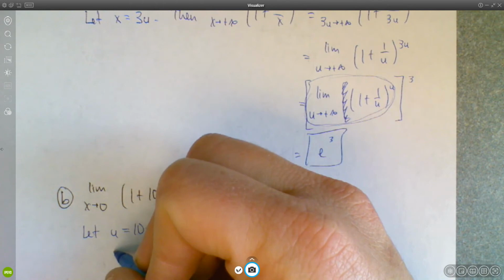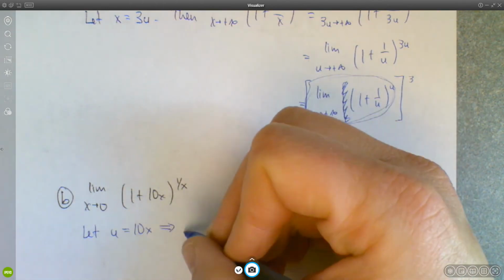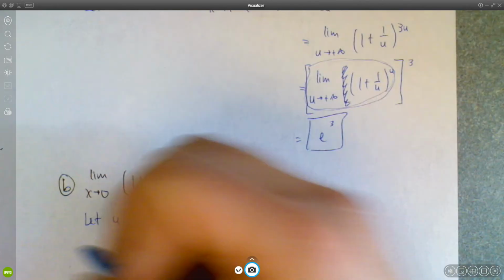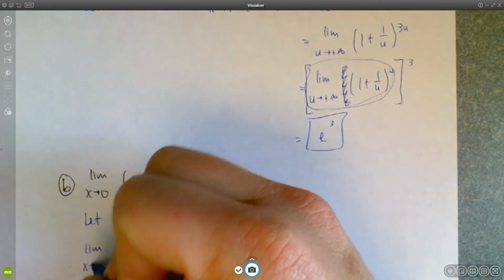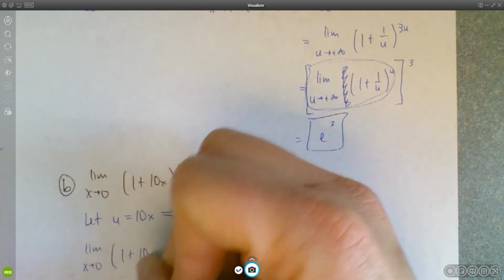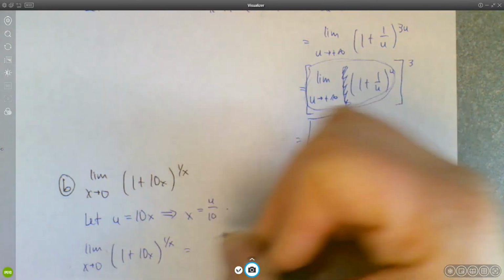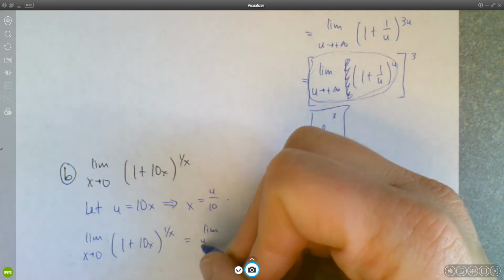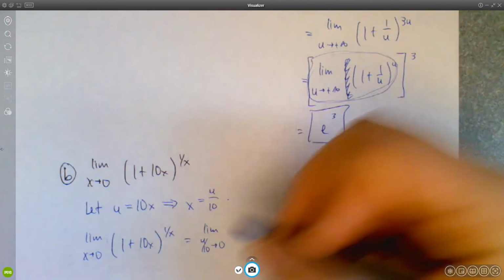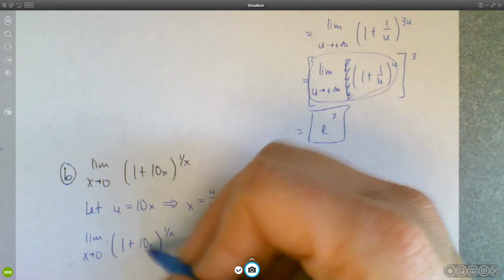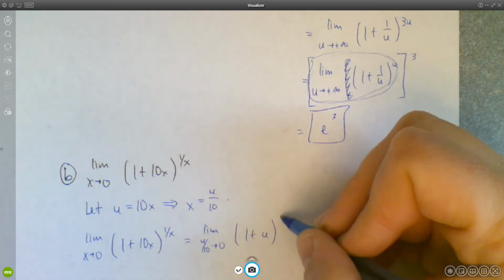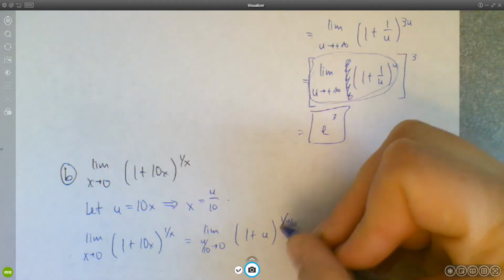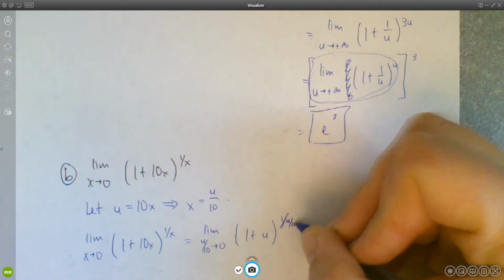Or in other words, that would mean that x is u divided by 10. Then what do I get? I have the limit as x goes to 0 of (1 plus 10x) to the 1 over x, which now becomes the limit as u over 10 goes to 0 of 1 plus 10x, which is just u, to the 1 over x, which is 1 over u over 10.